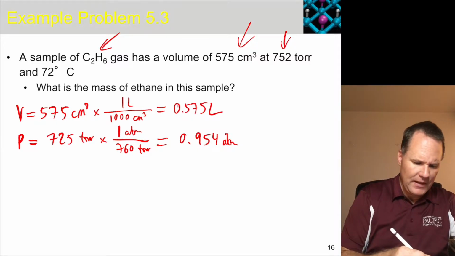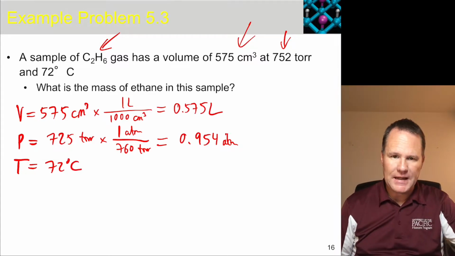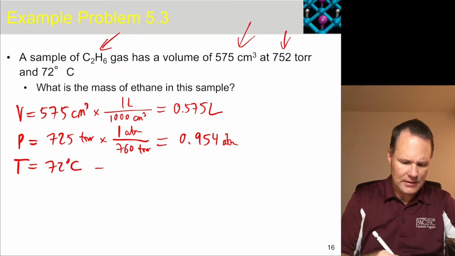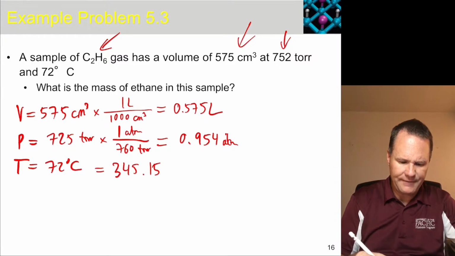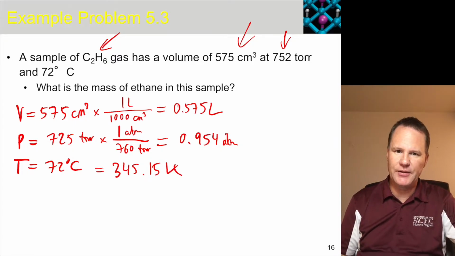What else is there? The temperature is 72 Celsius, and I add 273.15. It's kind of lame, but I put it in a calculator just because I'm lazy, and that will give me 345.15 kelvins. Now let's talk a little bit about sig figs, because I know you love them.